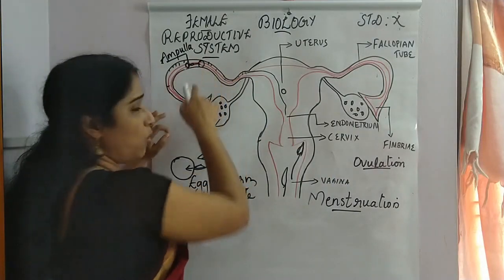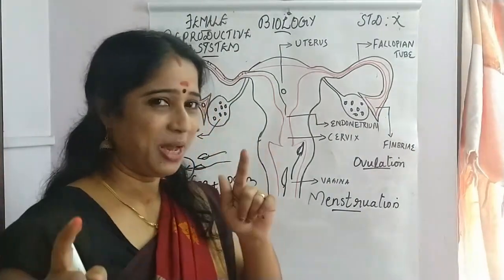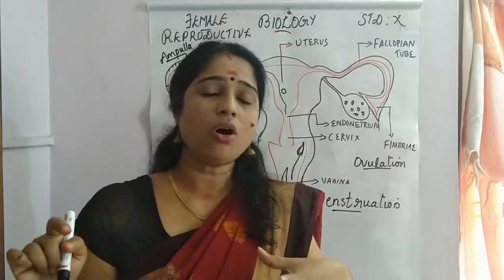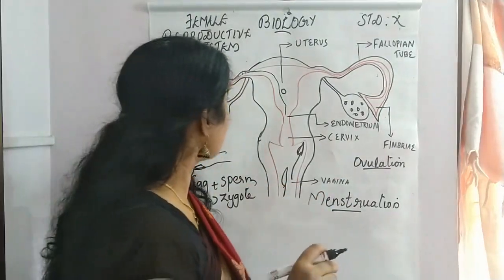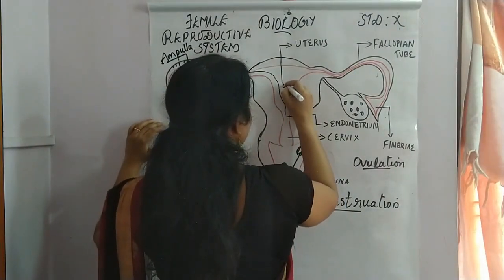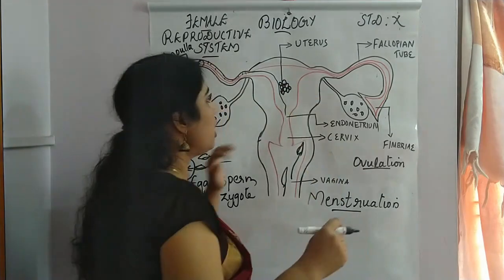The zygote is also non-motile. Then what happens? By the pressure or by the wavy movement of the hair-like structures, the zygote slowly moves and reaches the uterus.